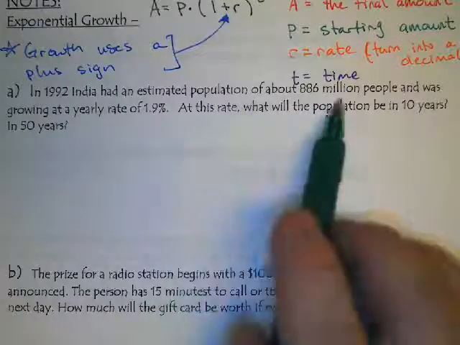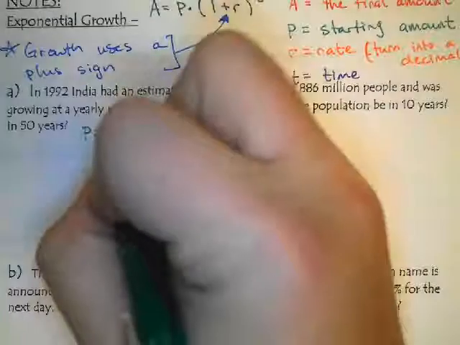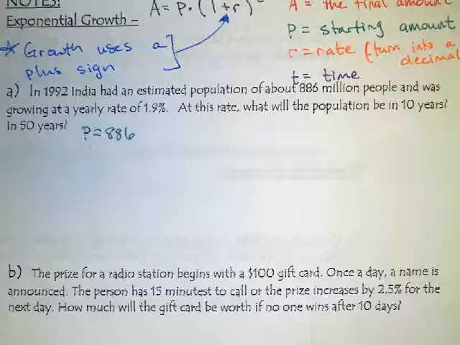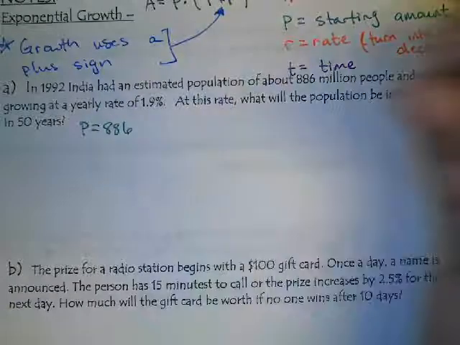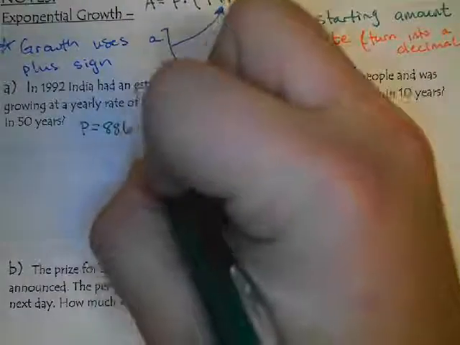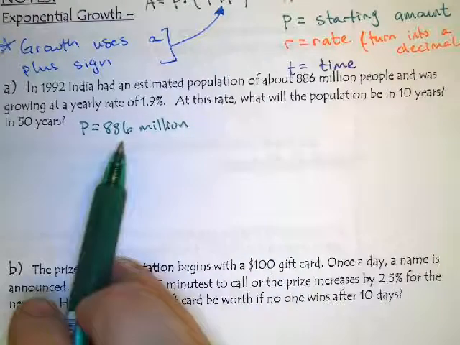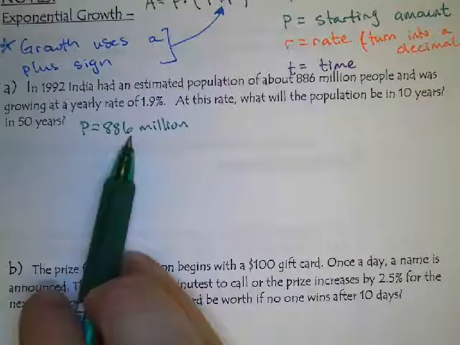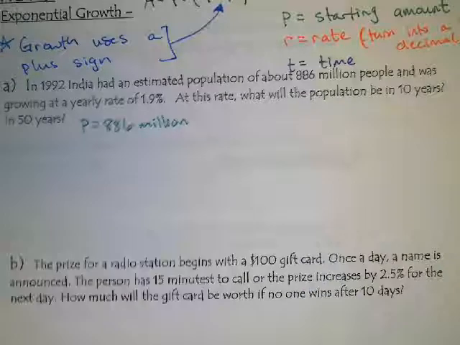In 1992, there was this many. So we can say P is equal to 886 million. But when I do my math, I'll just use the number 886. And then I can just write the word million with my final amount.